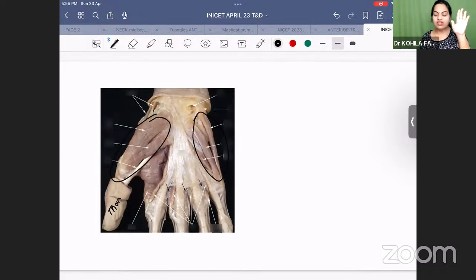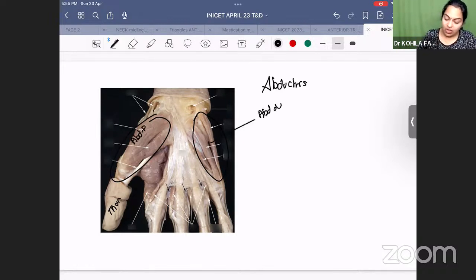Thenar muscles, the abductors are always on the border. Abductors cause abduction, moving away from the midline, right? So the abductors are on the border. This is the abductor pollicis brevis. This is the abductor digiti minimi. Inside is the flexor pollicis brevis. This will be flexor digiti minimi.